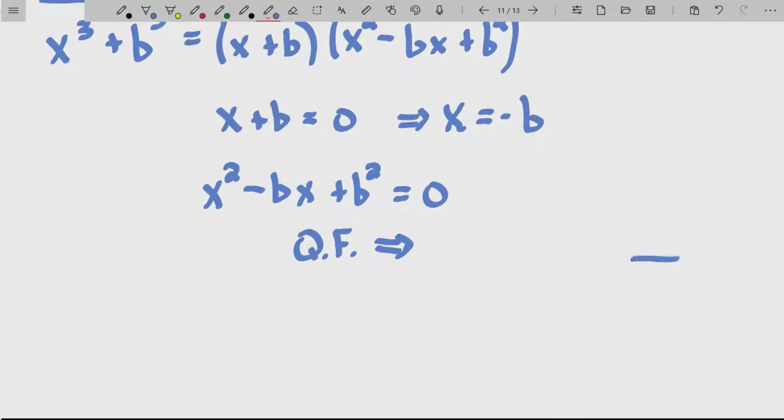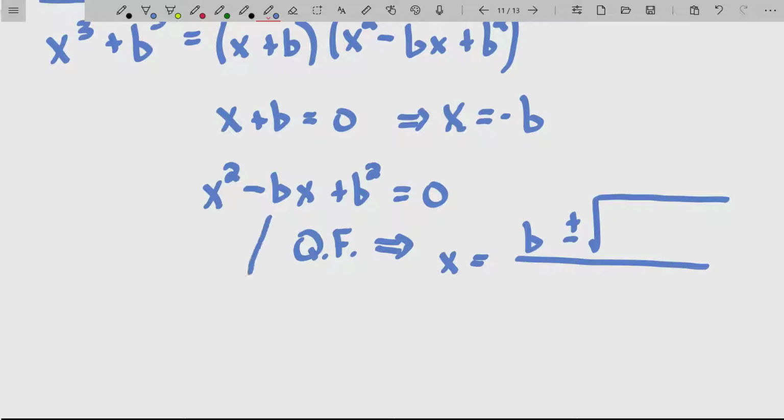When you use the quadratic formula, x will equal the opposite of that negative b term, so it'll be b, plus or minus the square root of that middle term squared, so b squared, minus 4 times the leading coefficient times the constant, all over twice the leading coefficient.